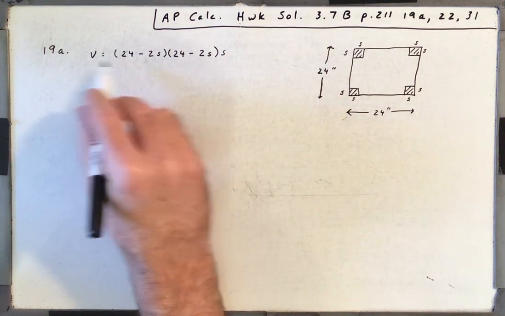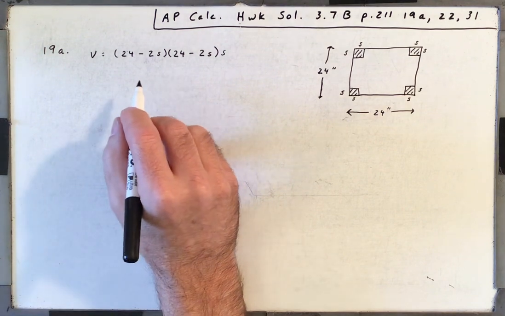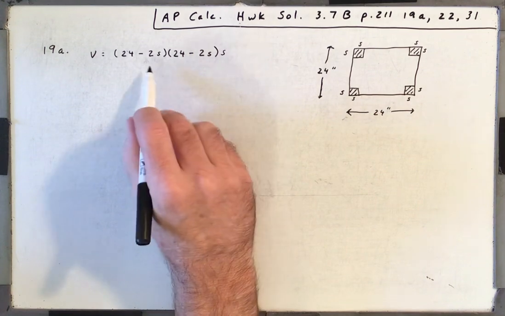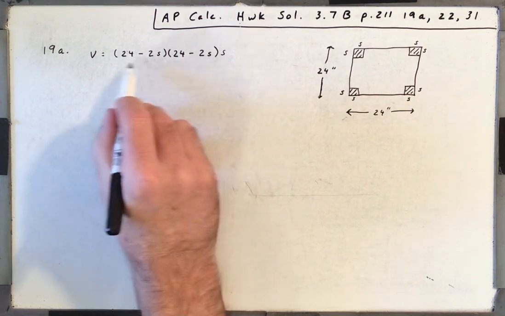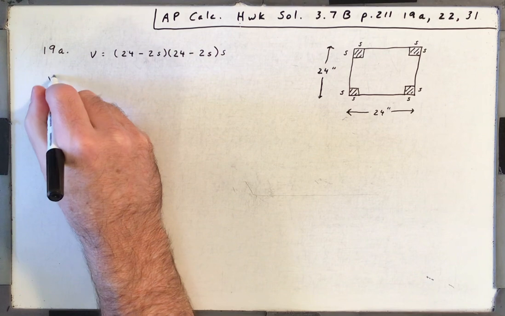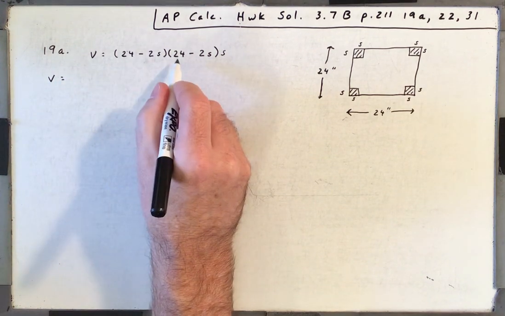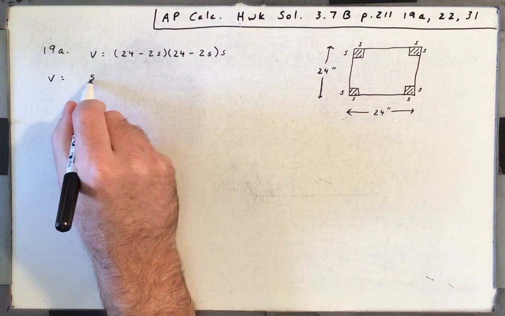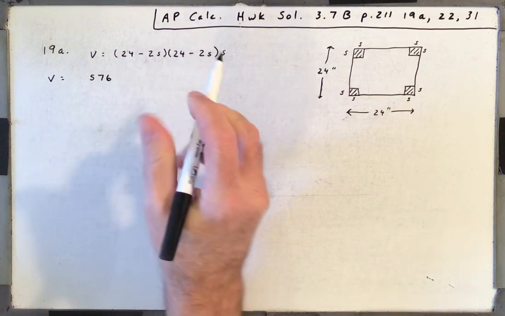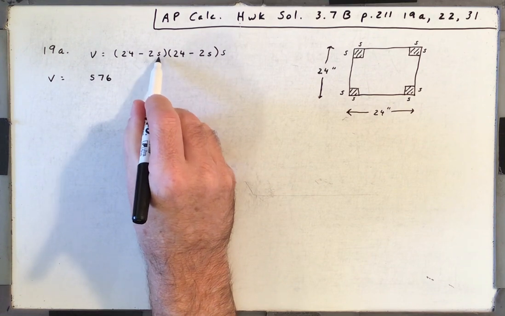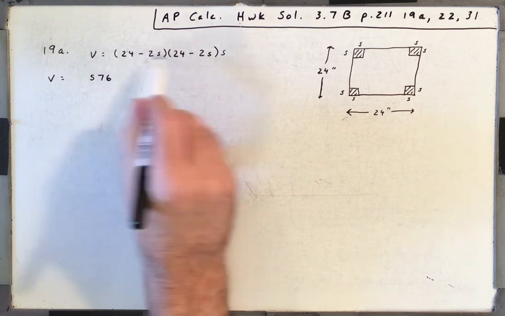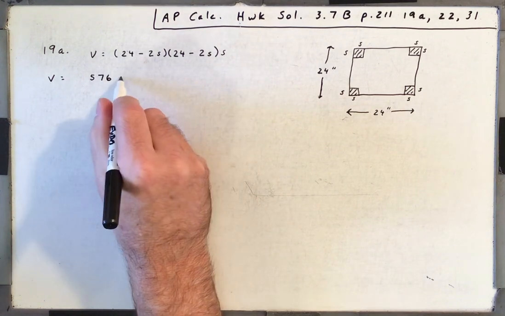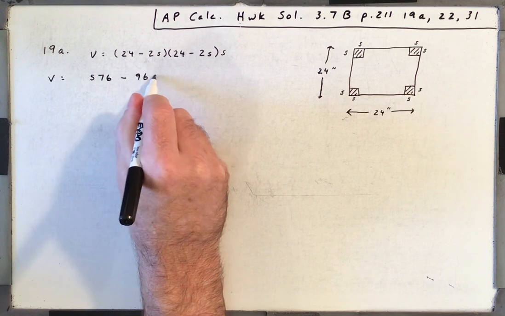Alright, so that's the volume, and we only have one unknown here, so we don't have to do a substitution at all. So let's FOIL this out and then distribute the s. So volume is going to be 24 times 24 is 576. And then we would have negative 2s times 24 plus another negative 2s times 24, so that would be minus 96s.